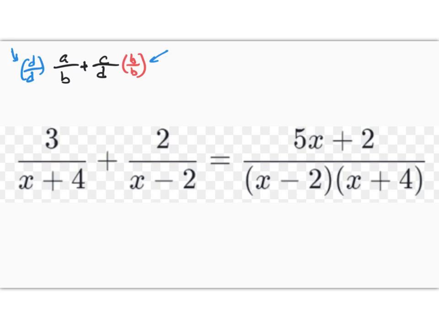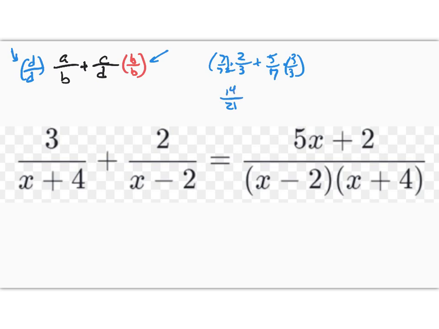So let's say when we add 2/3 and 5/7, you had to multiply this one by 3 over 3 and this one by 7 over 7. Because you can't just multiply the bottom by 7 and now they're 21.